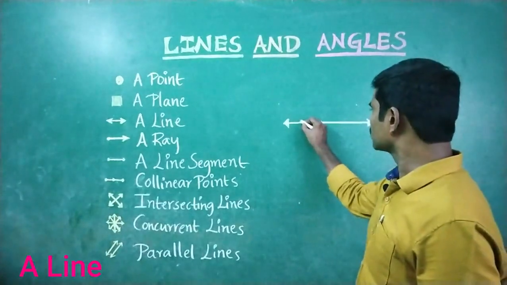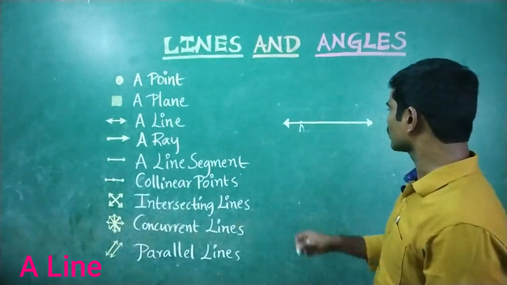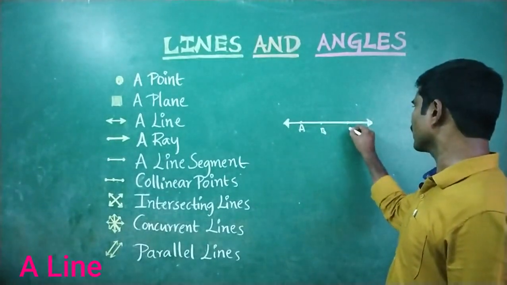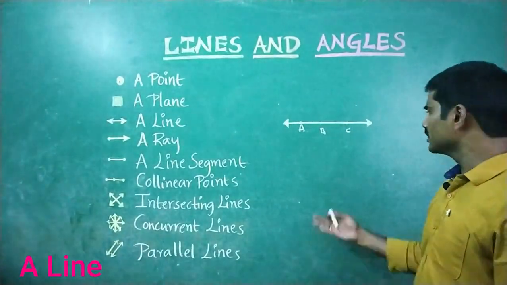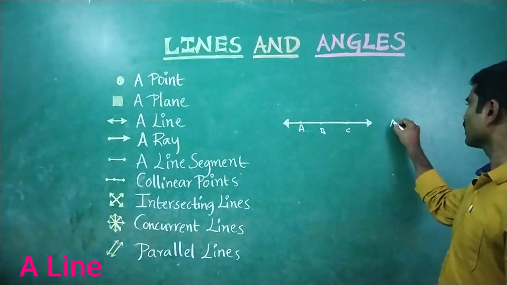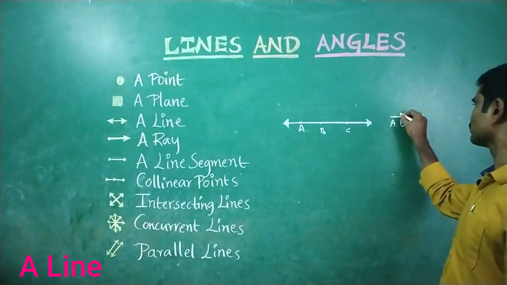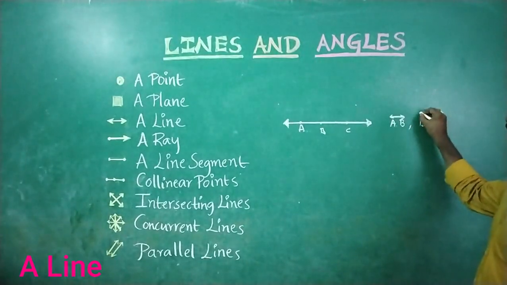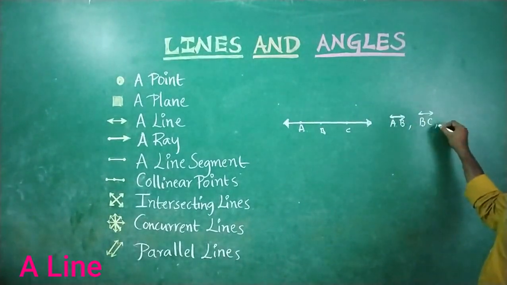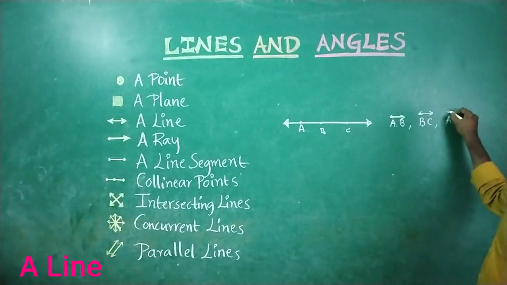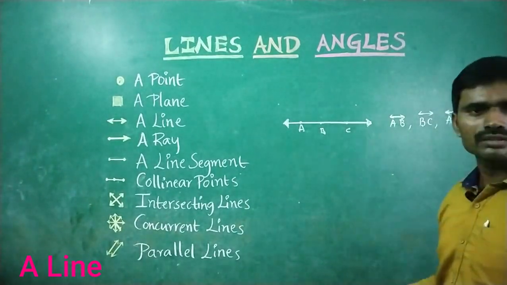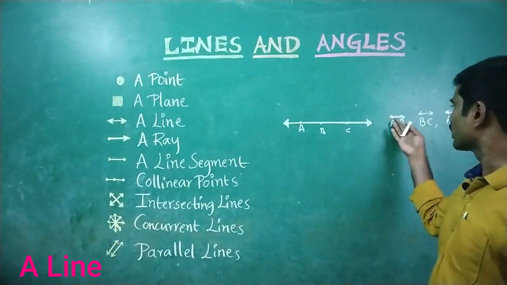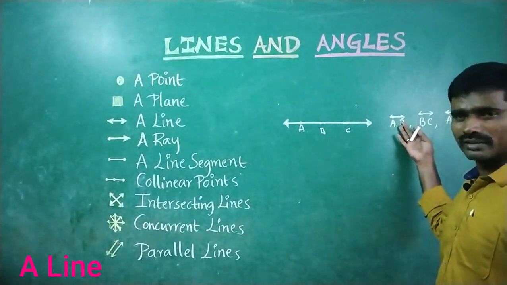Suppose I take some points A, B, C. I denote this line as line AB, or line BC, or line AC. So these are all the ways we can represent it.